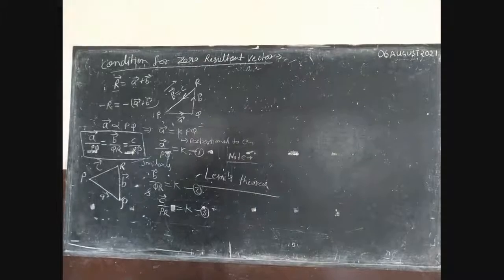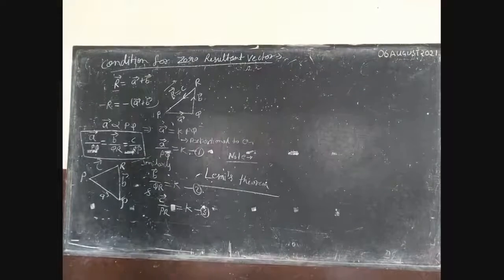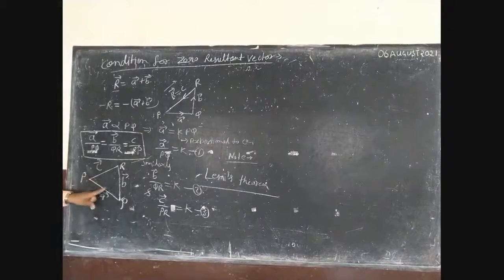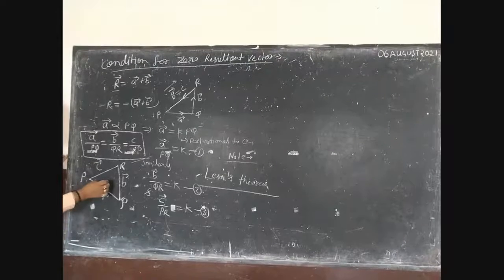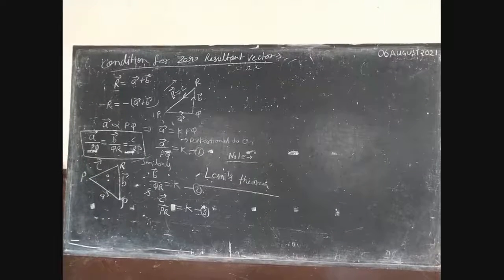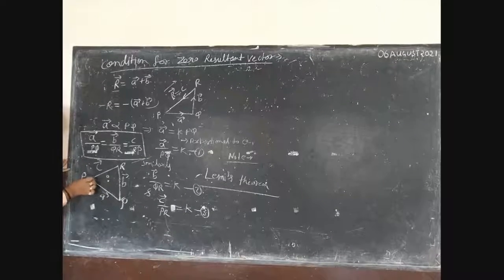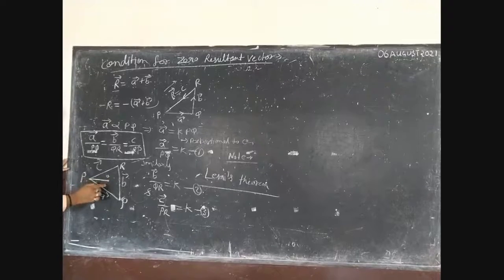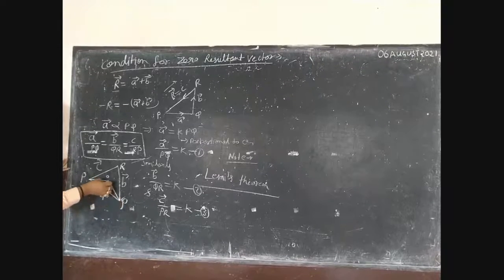Done? Okay. Now, from the same triangle, let's say this is a point inside the triangle. Now join P to O, Q to O, and R to O, and vectors along the points.